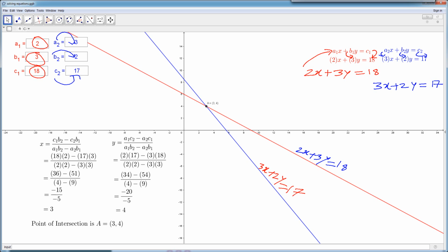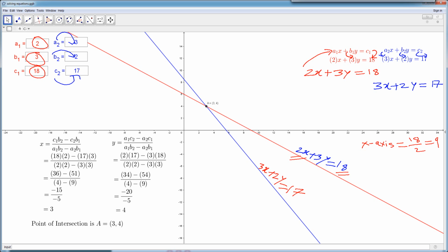I'll briefly recall the procedure here. In order to plot lines, you need 2 points, a point on the x-axis and a point on the y-axis. For example, to plot this line 2x plus 3y is equal to 18, the point on the x-axis will be given by c upon a, in this case c1 upon a1, so 18 upon 2, which is equal to 9.